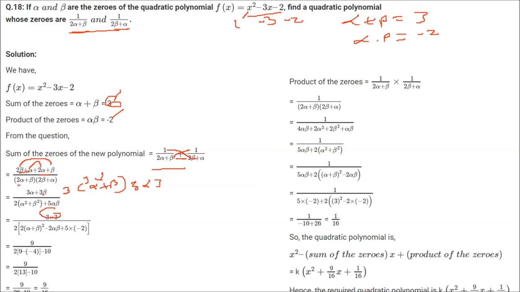Let us come to the denominator. See, denominator is 2 alpha plus beta into 2 beta plus alpha.